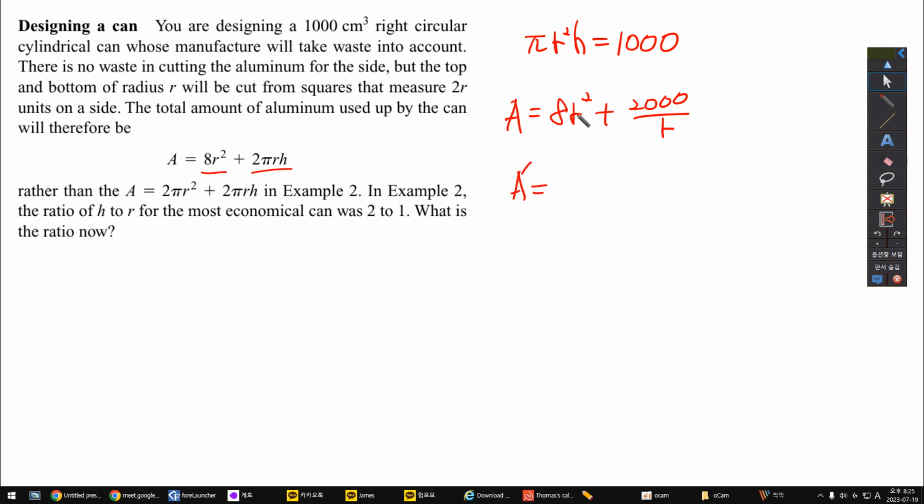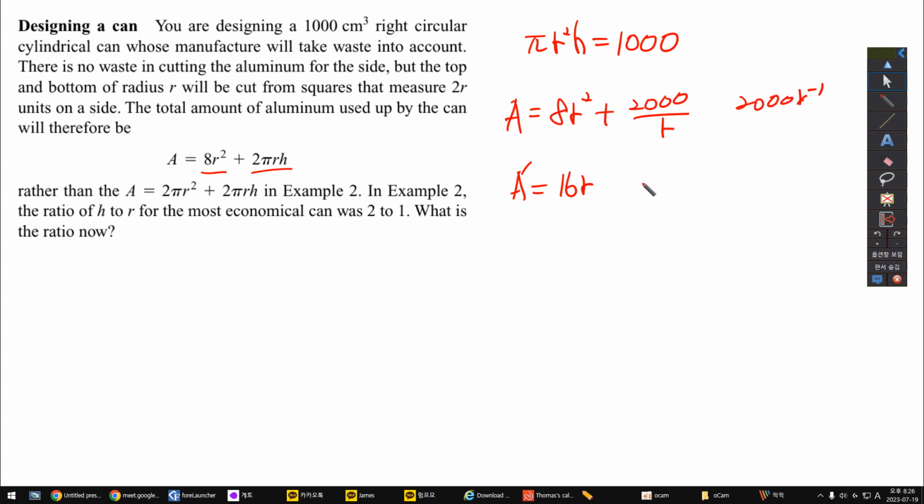So now, what's the derivative of a times r squared? Can you make the derivative of this one? 16r. Yeah, 16r. How about the second term? Can you find the derivative of the second term? I think like this.